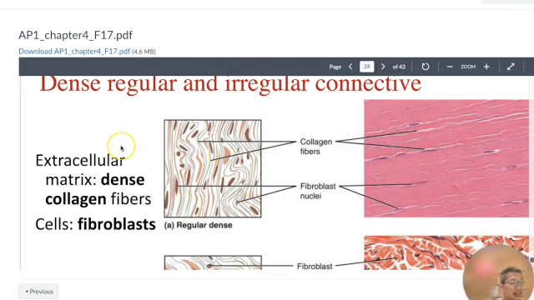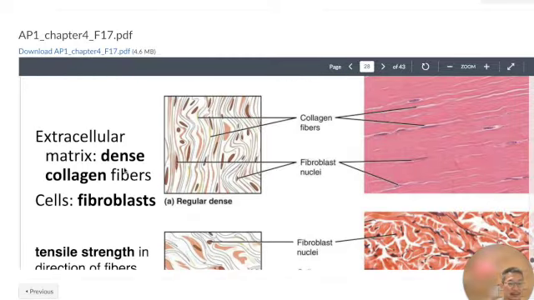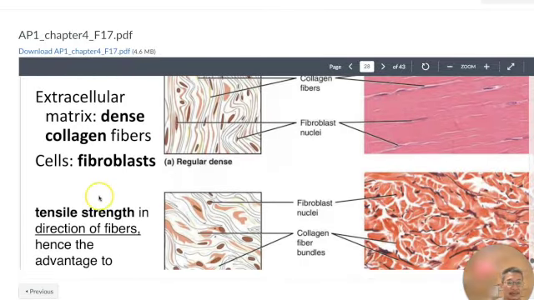For dense connective tissue, it has more collagen than loose connective tissue, and it has greater resistance to stretch, because it's got more collagen. It is good at tensile strength in the direction of the fiber.